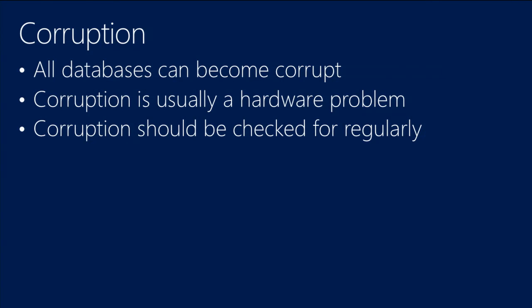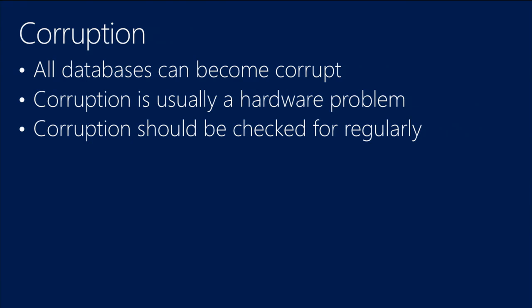Now, how do we find these corruption problems once they have happened, if we don't want to wait for our users to query for the rows that are corrupt? We do this by running DBCC CHECKDB. We want to run DBCC CHECKDB basically as often as we can afford to. We don't want to run it monthly because that's not very often. Weekly is acceptable. Daily is better.